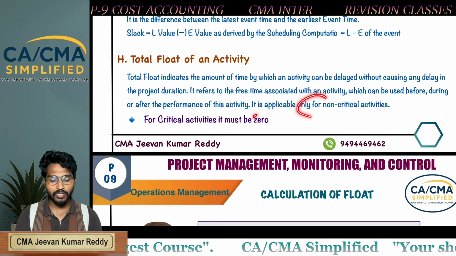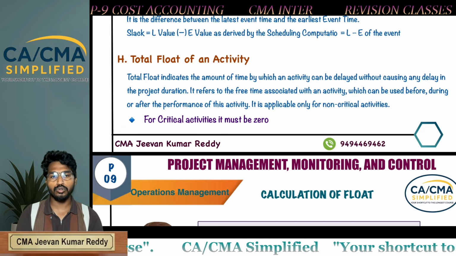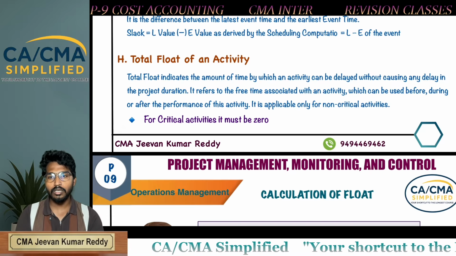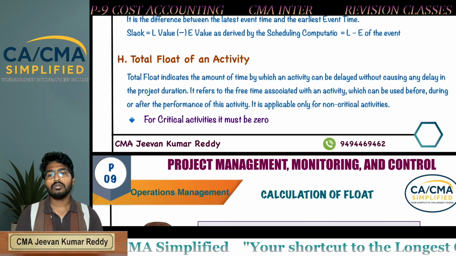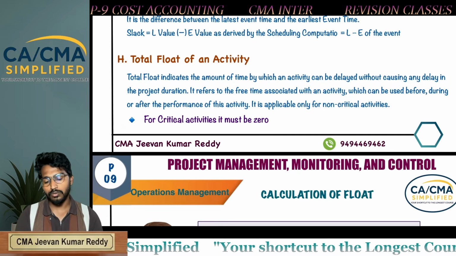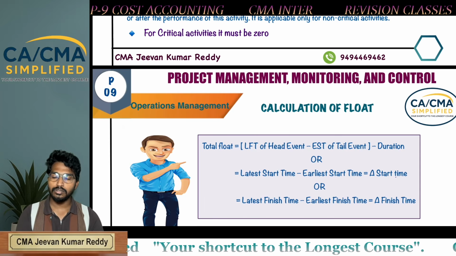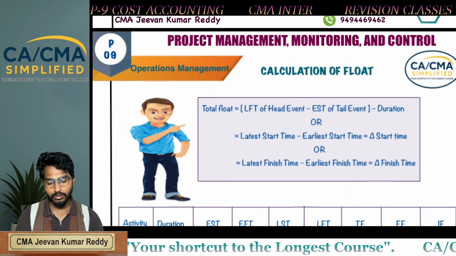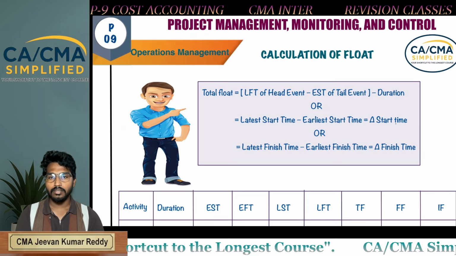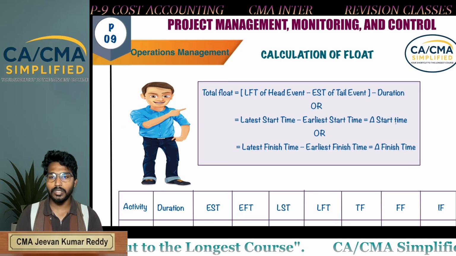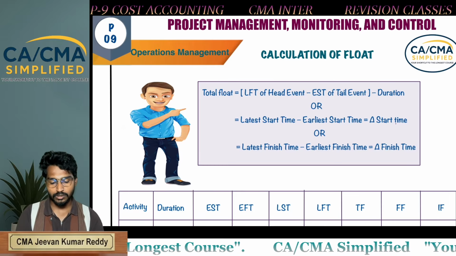It is applicable only for non-critical activities. At any time you can use the total float. For critical activities, the float is 0. Why? Because if you take any flexibility in the critical path, it must delay the entire project duration.